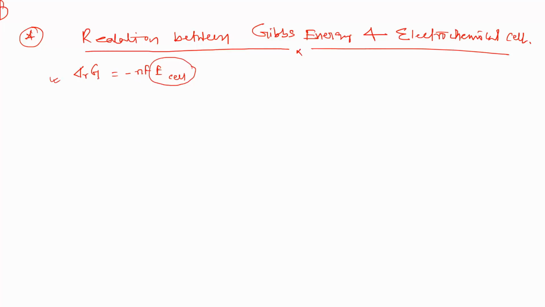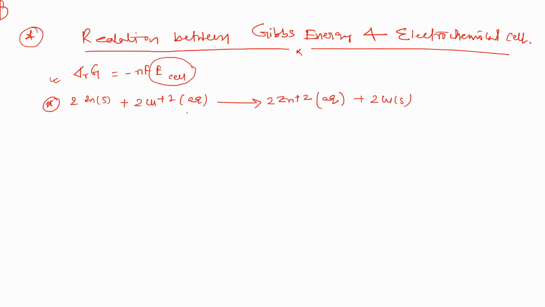So this is for the normal condition, and we can write the equation of the Gibbs free energy with the E cell. Suppose I have taken an example, Zn plus Cu2+ aqueous.